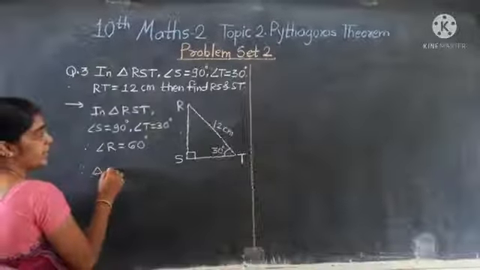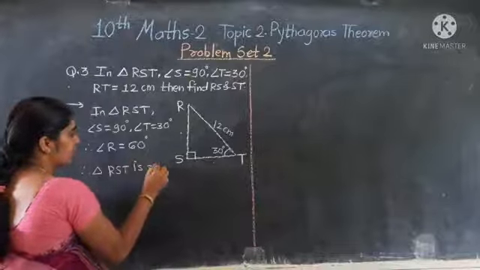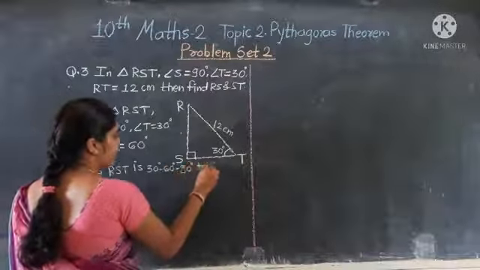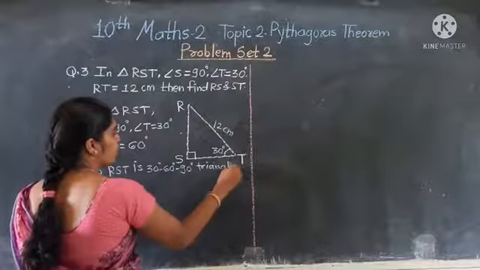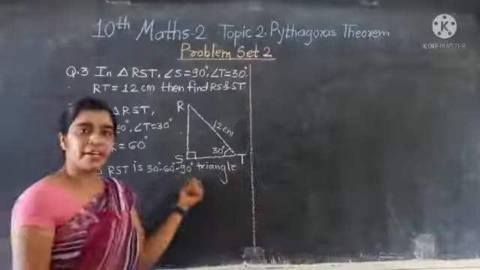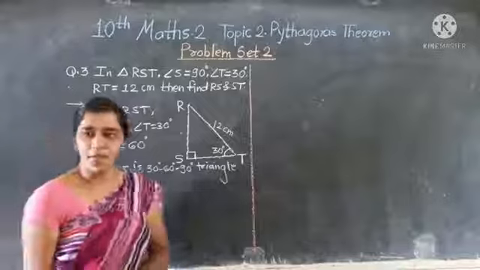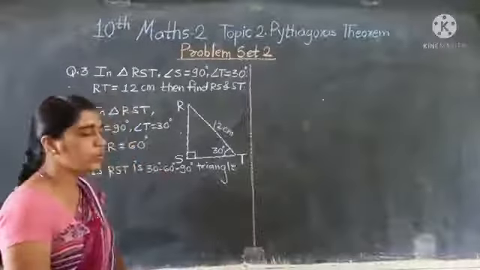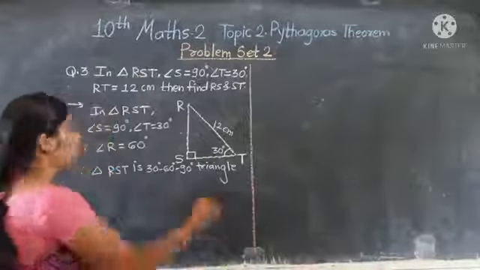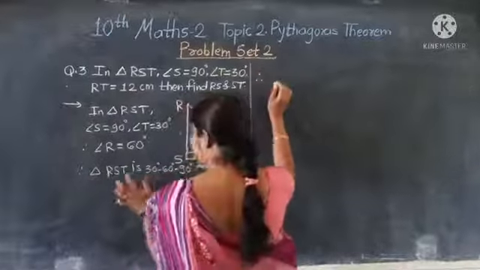Therefore, triangle RST is a 30 degree, 60 degree, 90 degree triangle. So you know what the 30-60-90 triangle theorem says? The side opposite to 30 degree is half of the hypotenuse and the side opposite to 60 degree is √3/2 of hypotenuse.